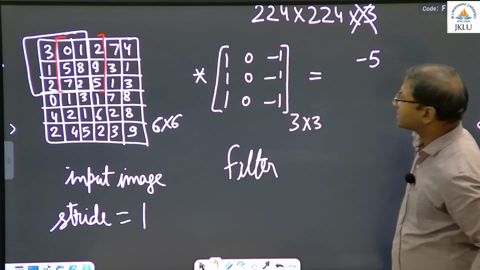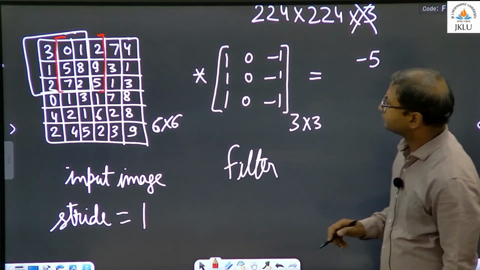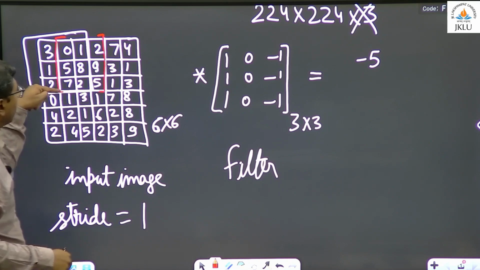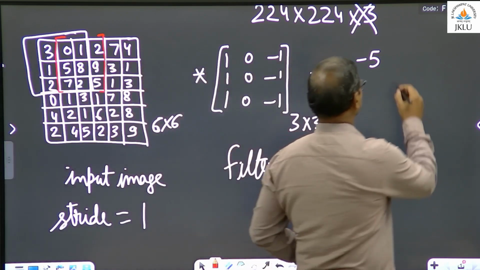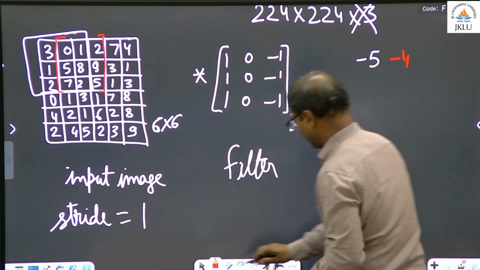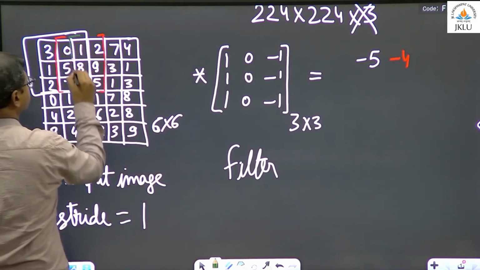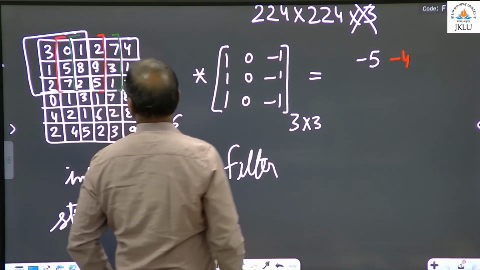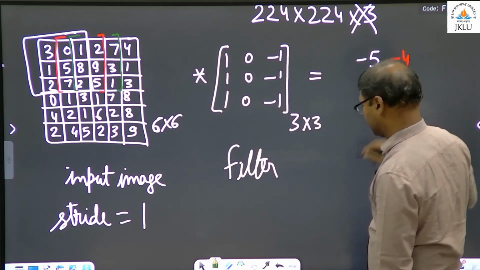So what will be my next element? 12 minus 16 gives you minus 4. What happens next? 11 minus 11 gives you 0.